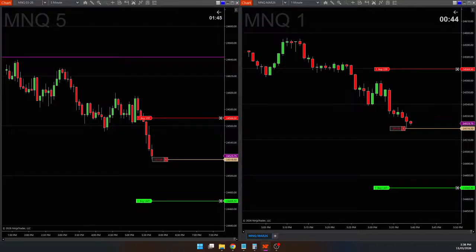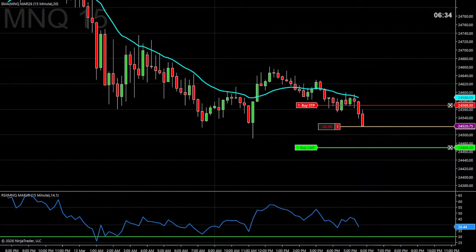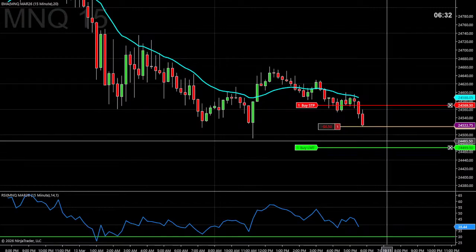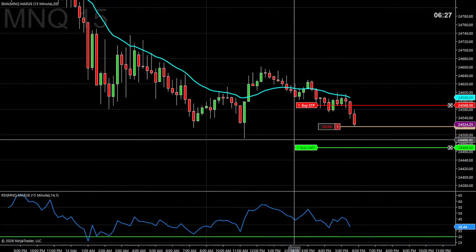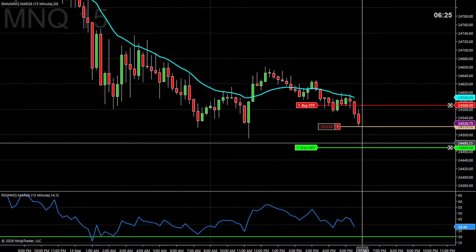I'm only shorting because we are in a downtrend. It's previous bearishness. Candles are somewhat strong here. We're almost at this point, which could be support, most likely.